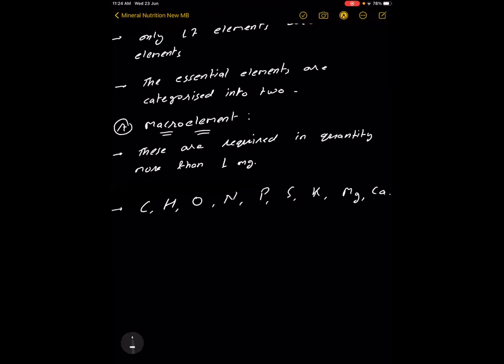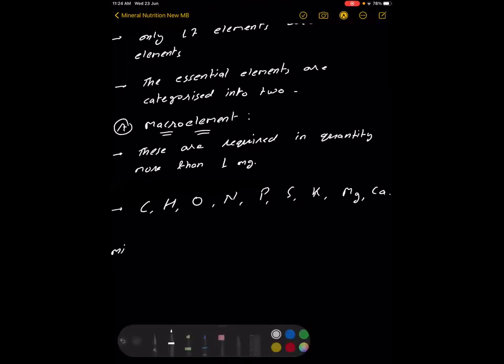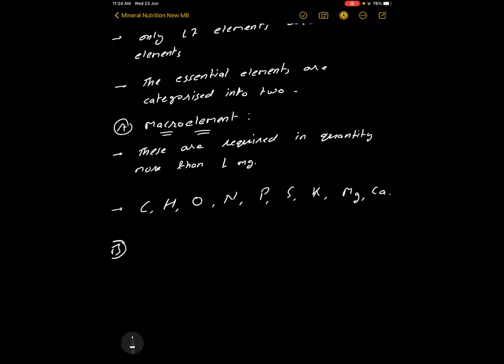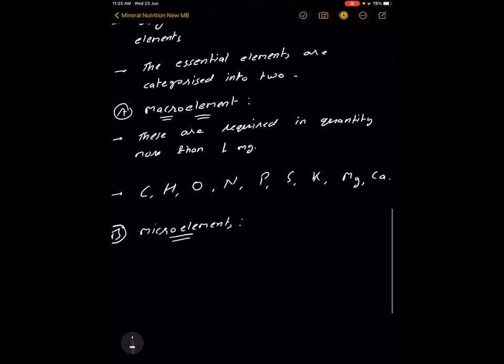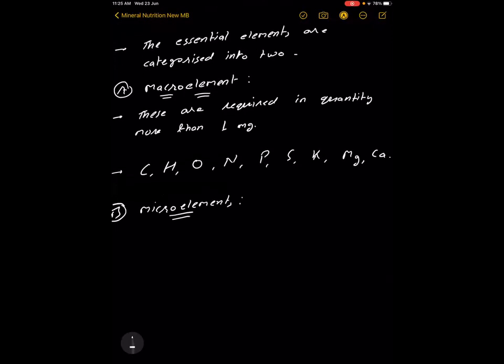These are macro elements, and micro elements are required in less quantity.